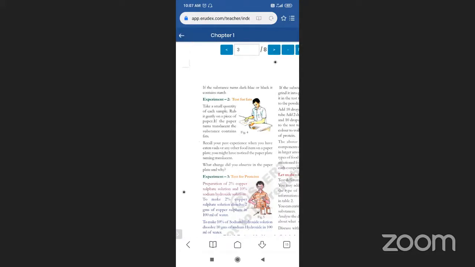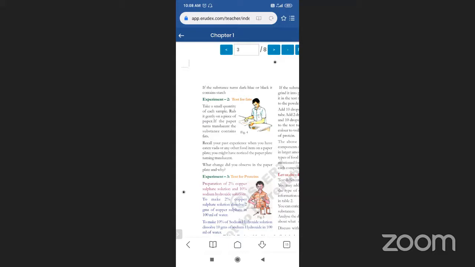For the test for carbohydrates, the result should be a dark blue or black color. The experiment we did is correct and it confirms that carbohydrates are present in our food. Now come to the test for fats.